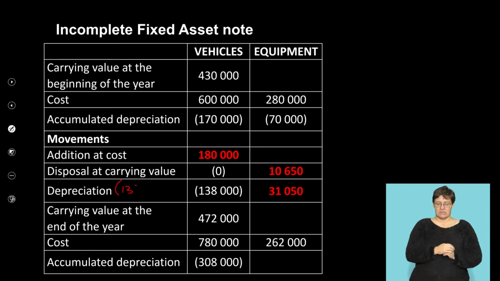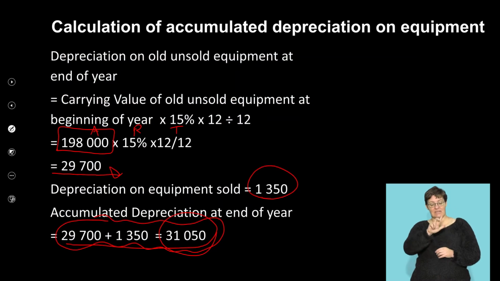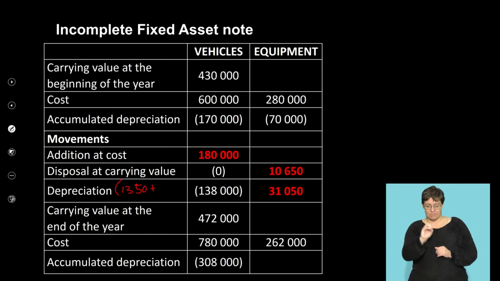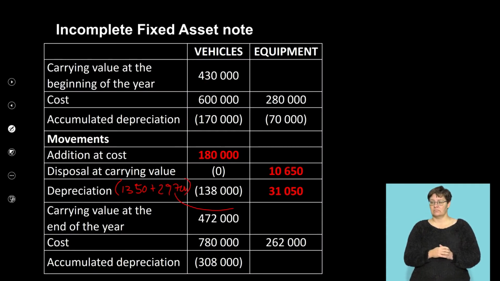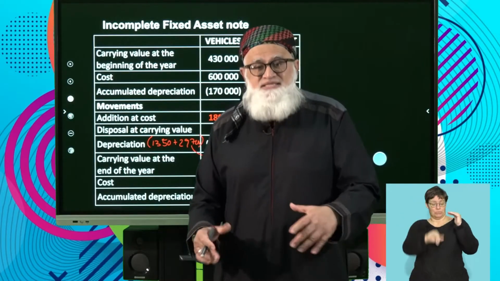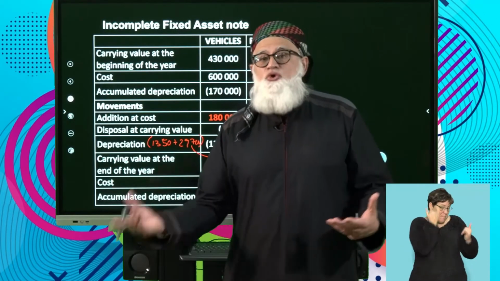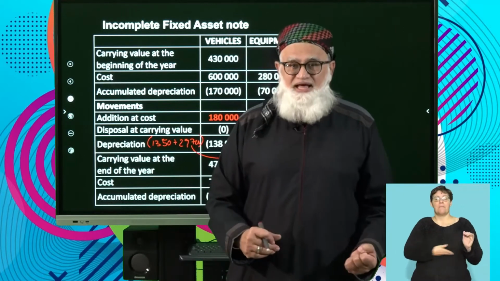Yes, it was. 1,350 plus the 29,700, you'll see the total is your 31,050. So what are you doing? You're showing the breakup of the depreciation. Perchance, if you make an error with one, you can still get a part mark for the other.